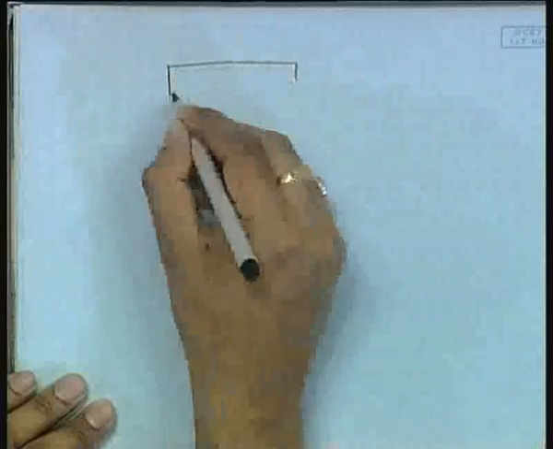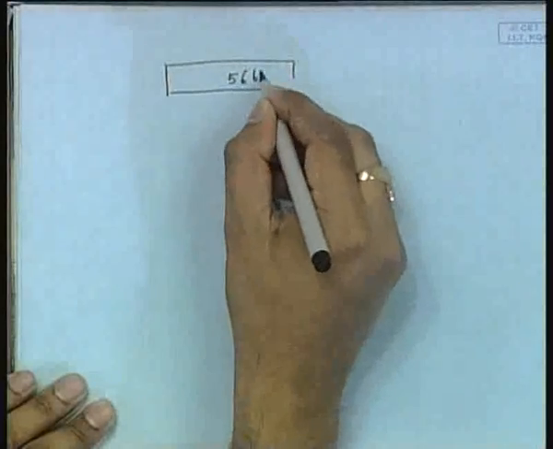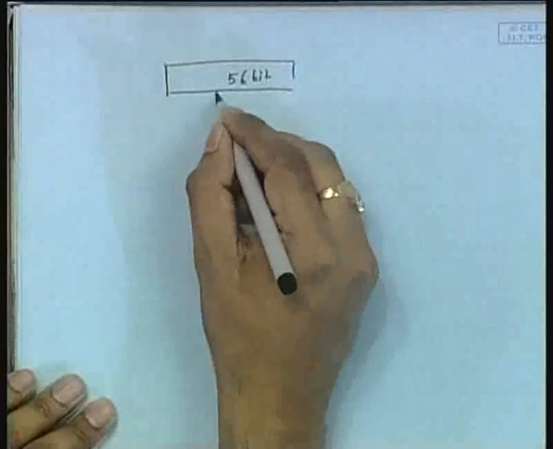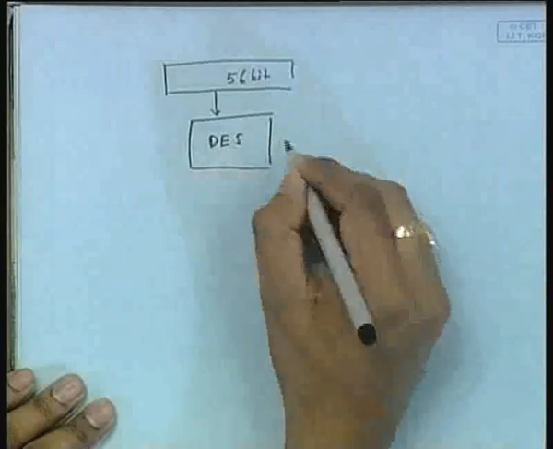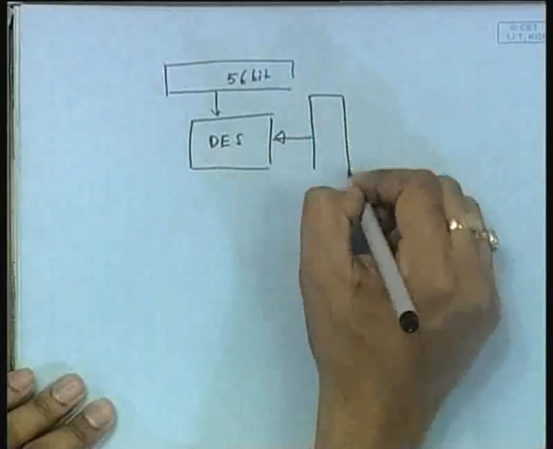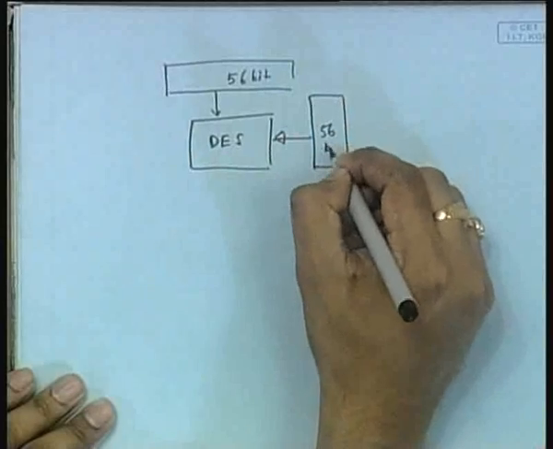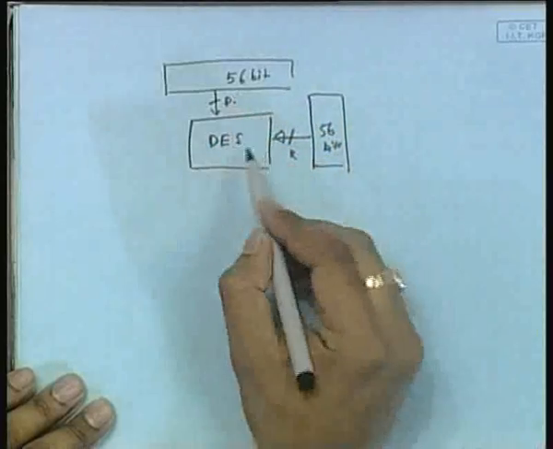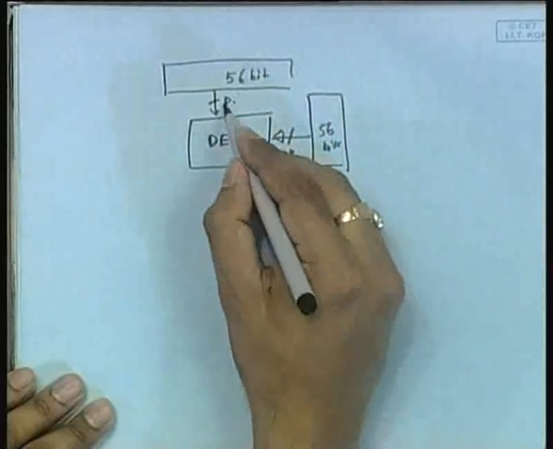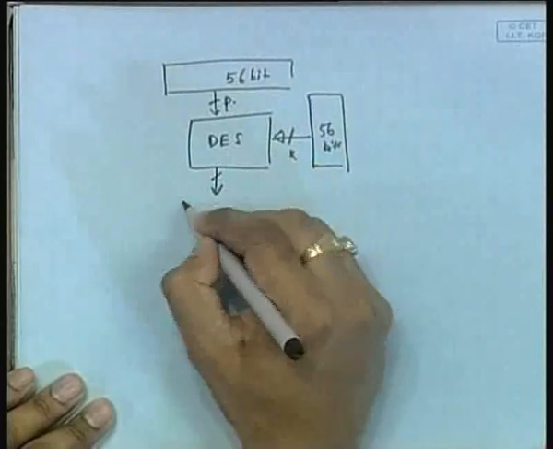DES has a 56-bit message, for example, and you consider a cipher like this. The name is not so important at this point, and the key is also 56 bits. So you transform the plain text and obtain the corresponding ciphertext.